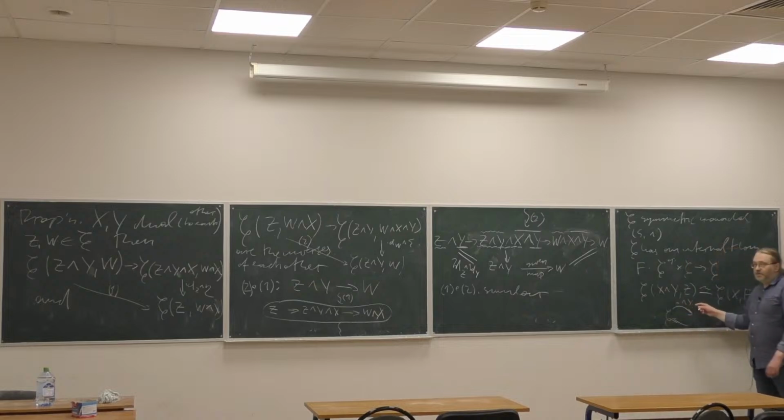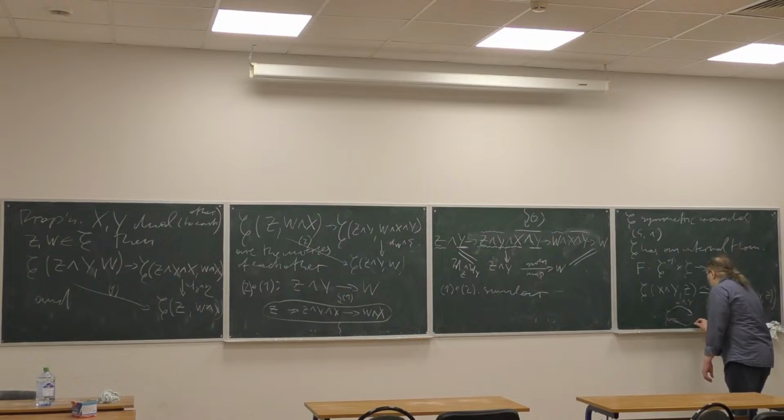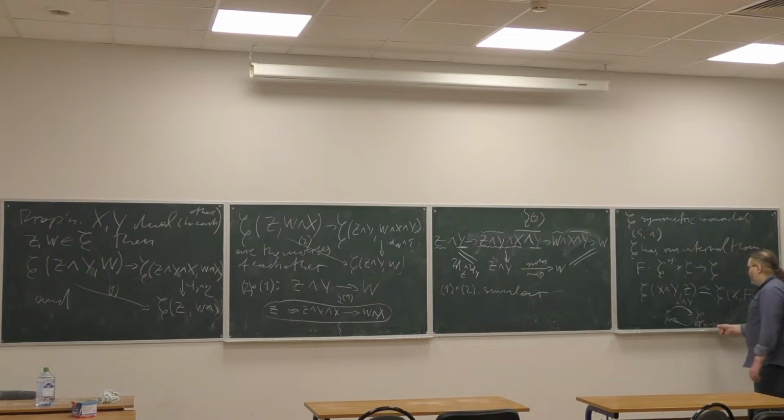The left adjoint is tensoring by Y, and the right adjoint is F from Y. So the left adjoint applied to X, comma Z is the same as C from X to the right adjoint applied to Z.